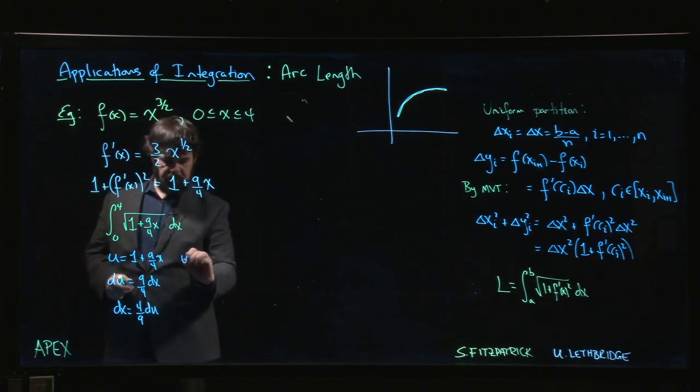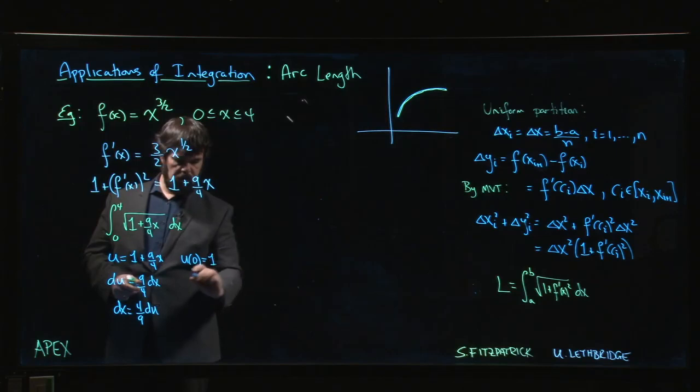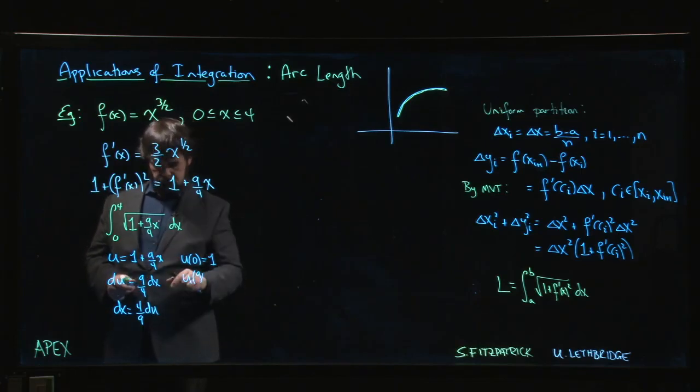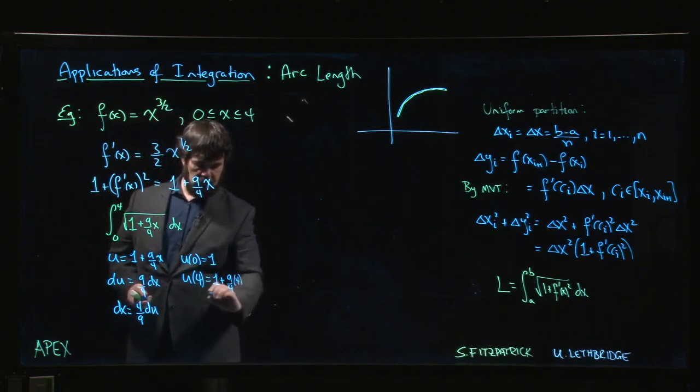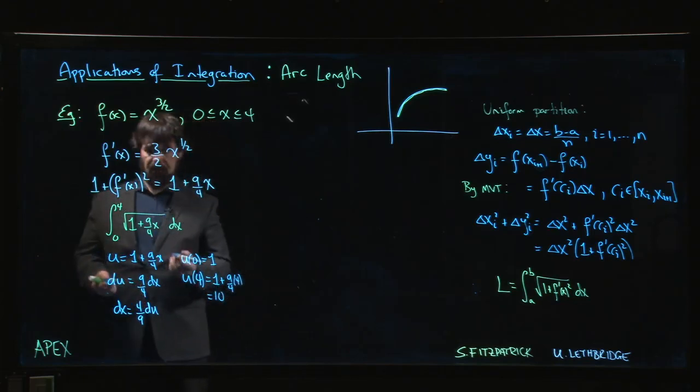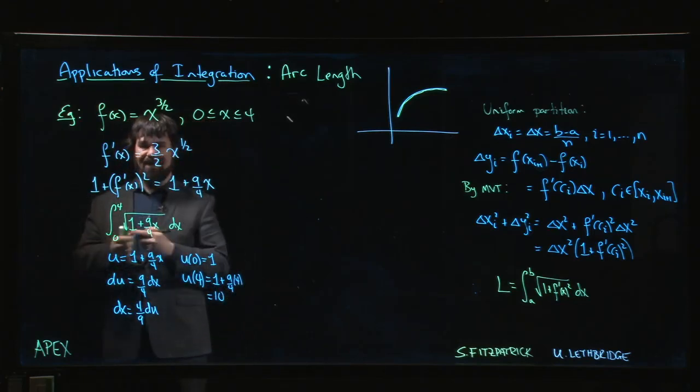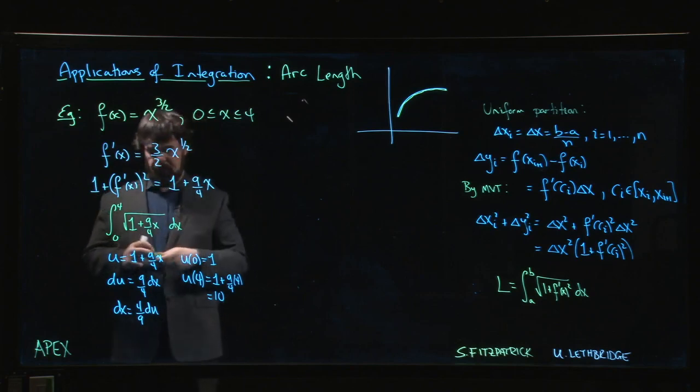And from here we can also see that when x is equal to 0, u is equal to 1. When x is equal to 4, u is equal to 1 plus 9 over 4 times 4, which gives us 10. How convenient.